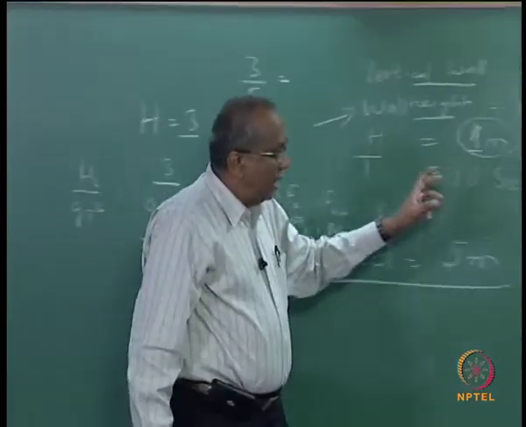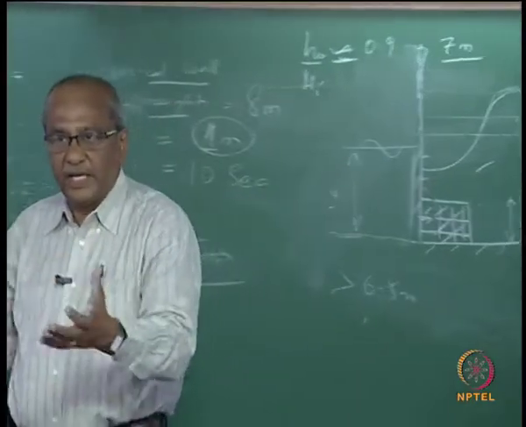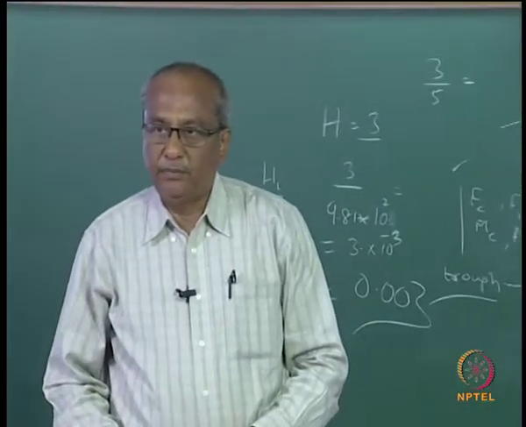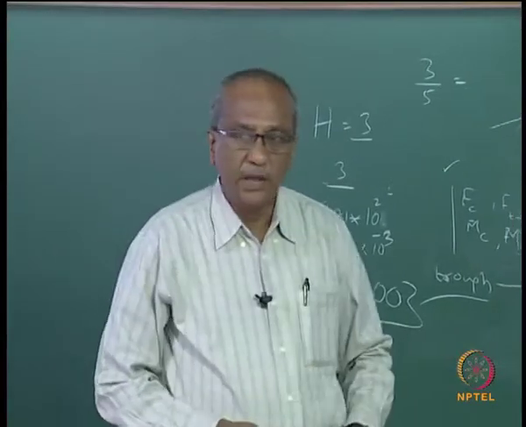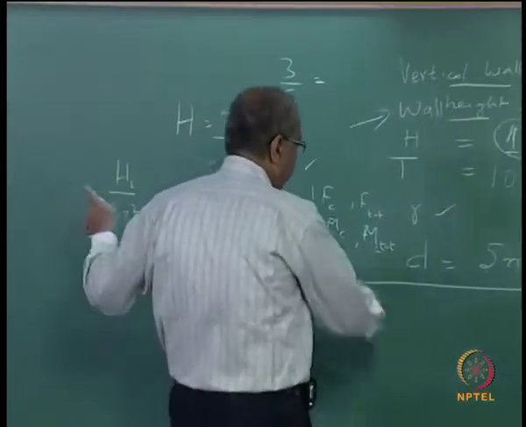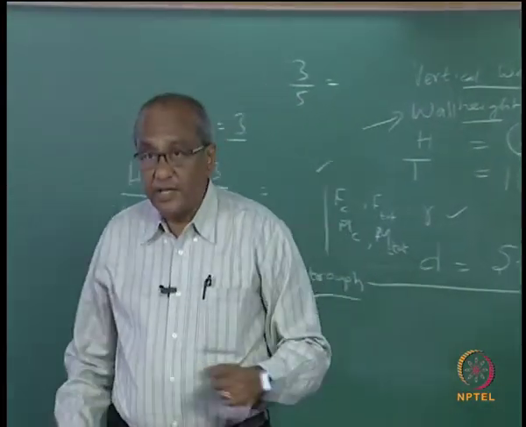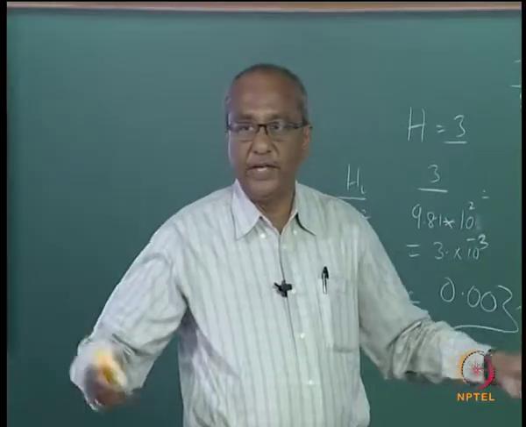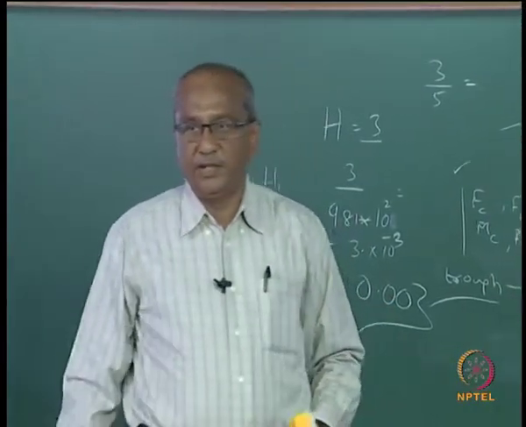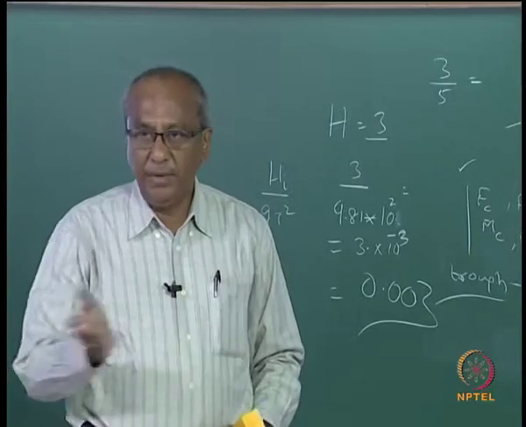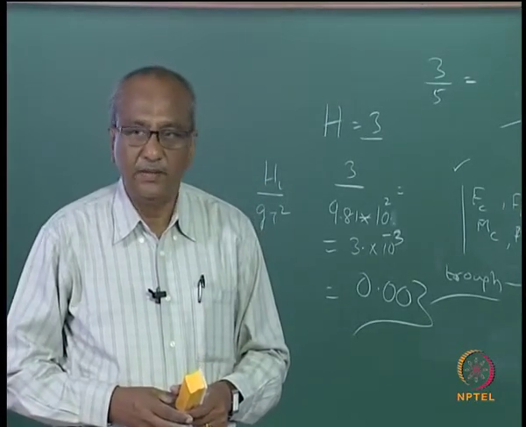So all these combinations need to be worked out when you are really dealing with a problem. Have you understood now how to deal with such a problem? Also you need to work out this complete exercise with a range of wave heights, range of periods, and make sure that the stability is assured for the complete range of wave characteristics you are working with in the field.